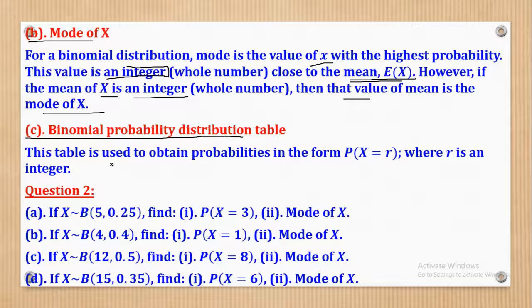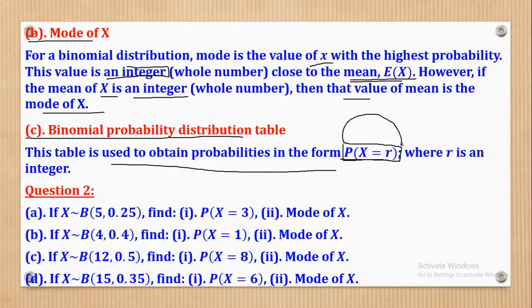So this is a table used to obtain probabilities in the form probability of x equal to r. In the previous slide we have seen how to calculate the probability of x equal to r using the binomial formula, but sometimes you can easily get this probability using the binomial distribution table.